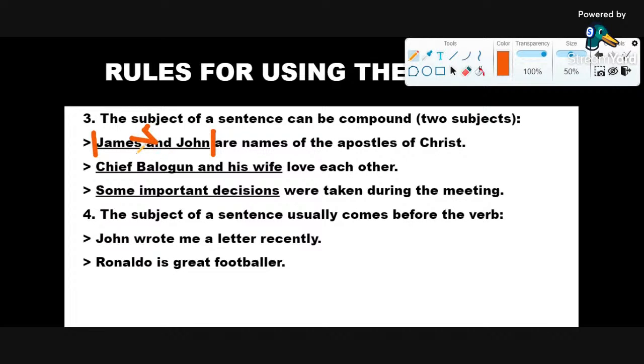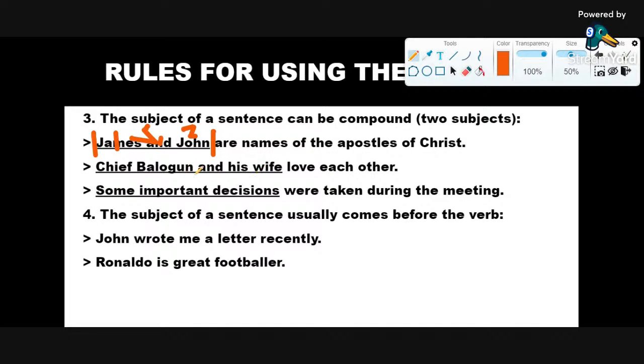They are one. James is first, and then John, you have two. So two subjects joined together by a coordinating conjunction can form the subject. Another example: Chief Balogun and his wife love each other.